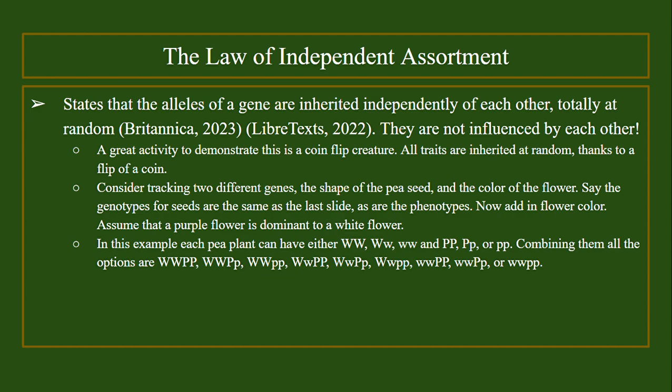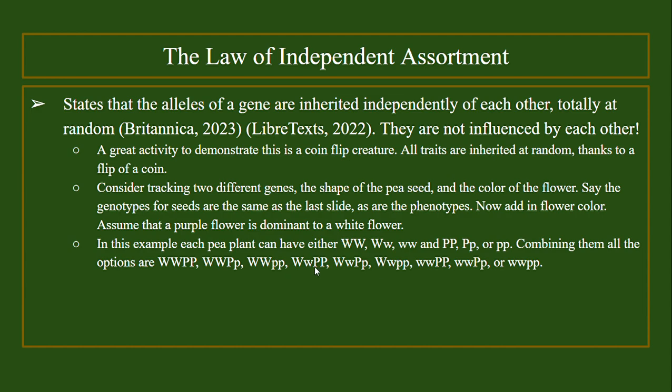When we combine these two genes and we track them simultaneously, our genotypic options are big W, big P. And in this one, the flower is going to have smooth seeds and purple flowers. We can also get, again, smooth seeds, two big W's, and purple flowers because we have the big P. We can also have big W, little p, where we have, again, smooth seeds, but now we have white flowers.